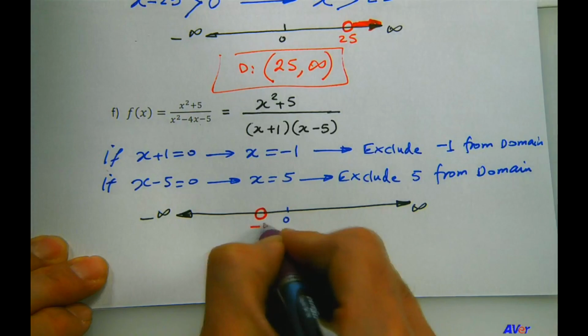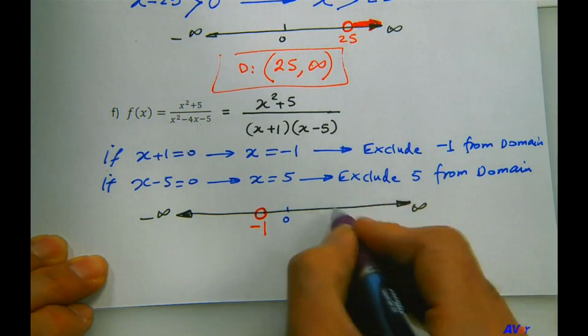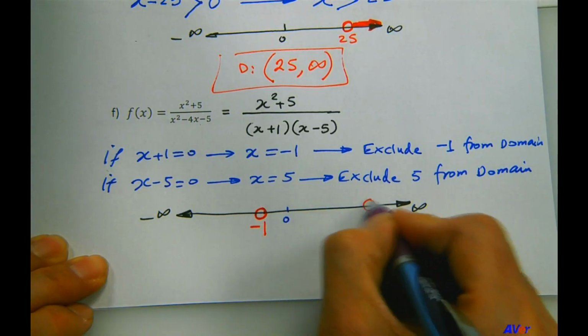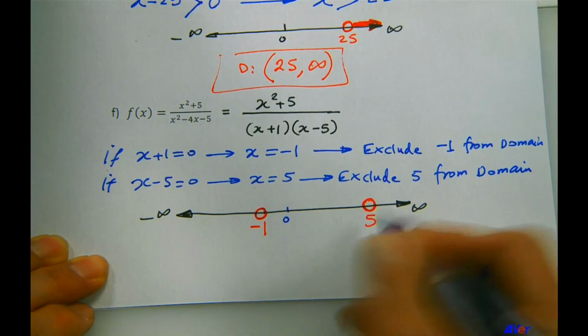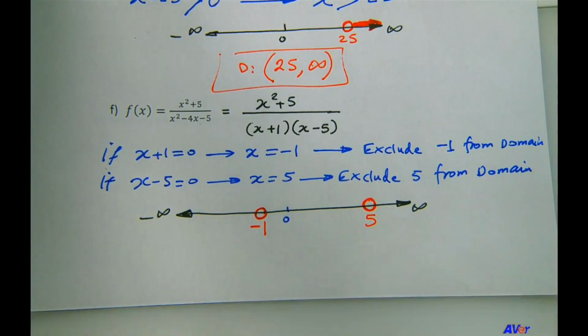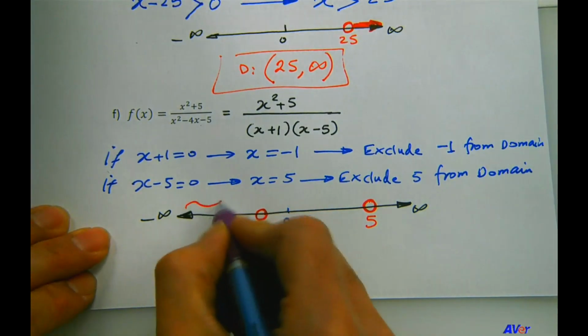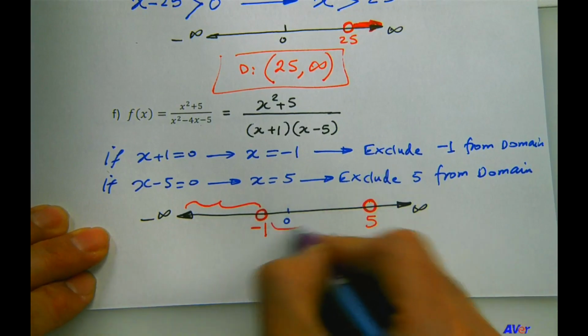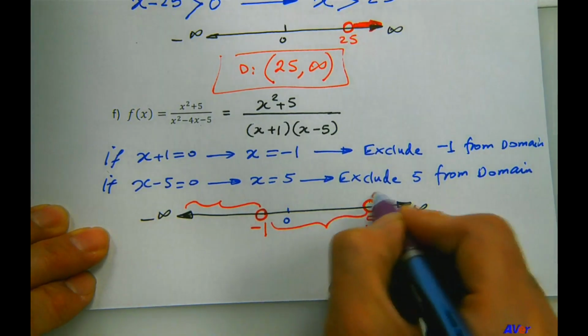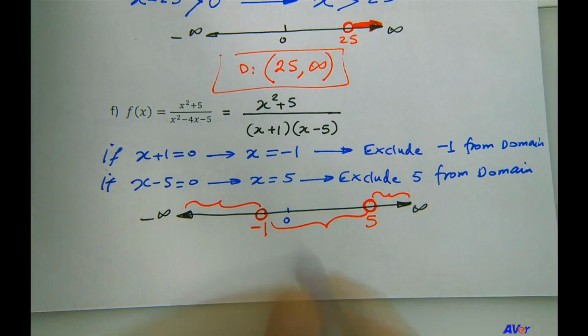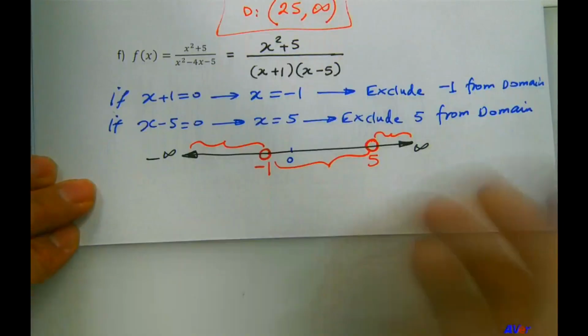I'm going to put a hollow circle there. And also 5. Let's put a hollow circle at 5. So those two numbers should be excluded. What can be included as part of the domain is this piece, and this piece, right? So let's write it up, because this is just a graph.